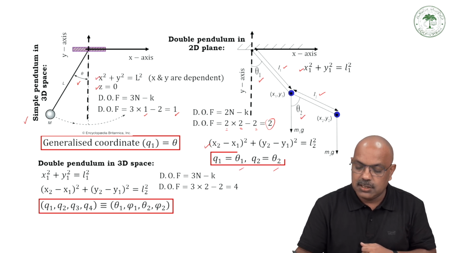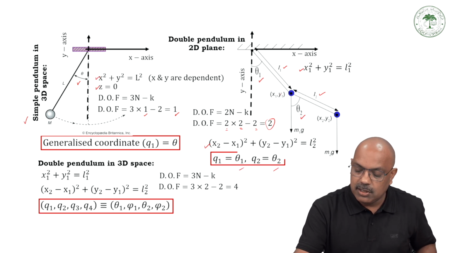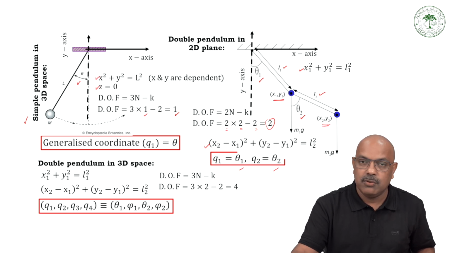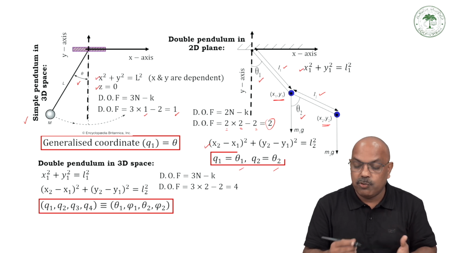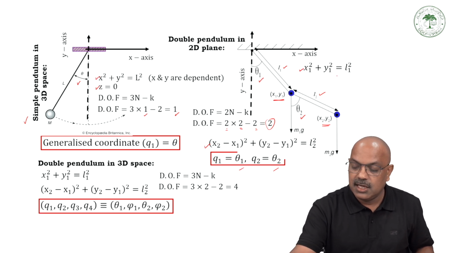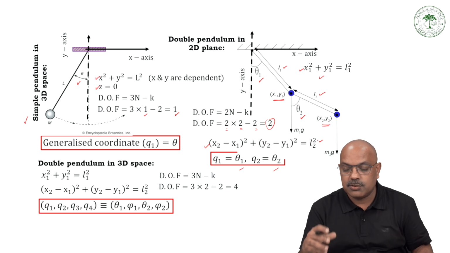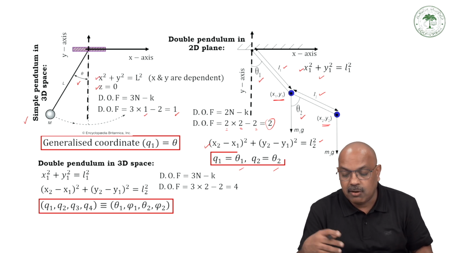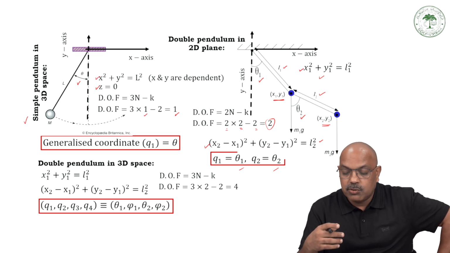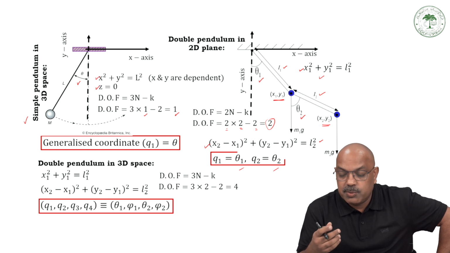I cannot specify this system on the basis of x1, y1, and x2, y2, because the moment I impose the condition that L is fixed, these two equations make x1, y1, x2, y2 dependent coordinates. So I need independent coordinates to specify the system.